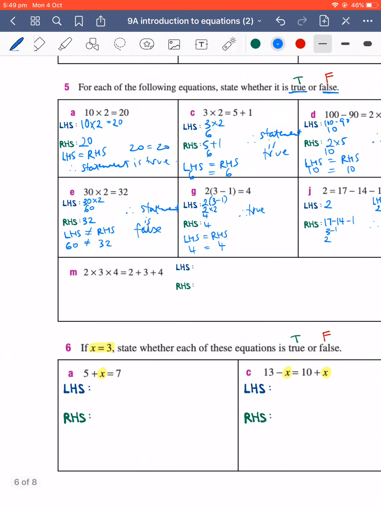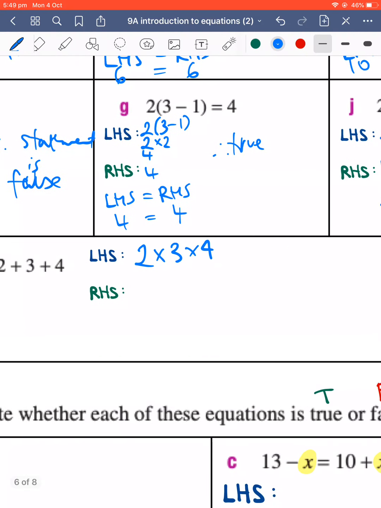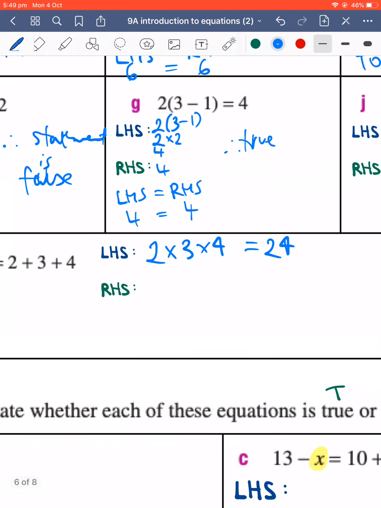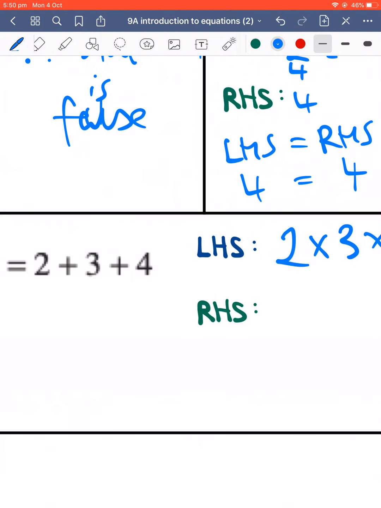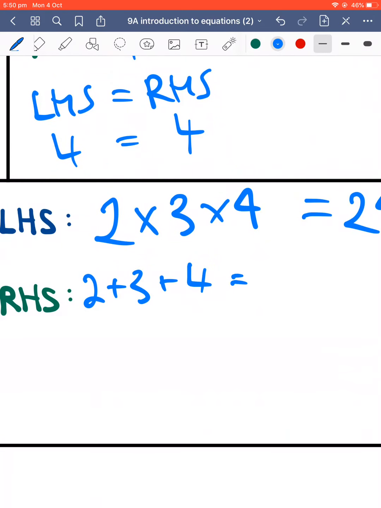Last one for this particular question. My left-hand side has 2 multiplied by 3 multiplied by 4. So 2 times 3 is 6, 6 times 4 is 24. So my left-hand side equals 24, and my right-hand side here is 2 plus 3 plus 4, so 2 plus 3 is 5, plus 4 is 9.